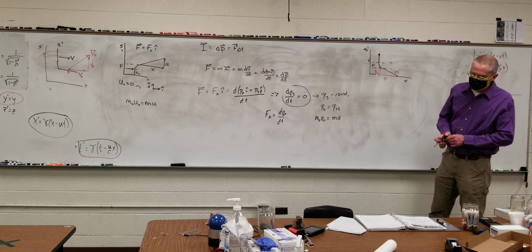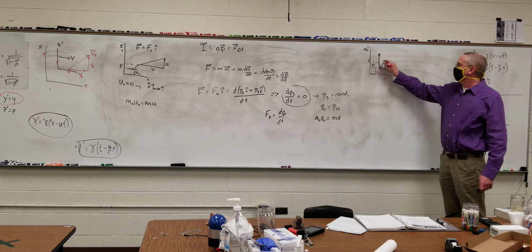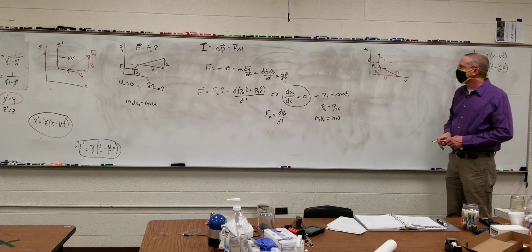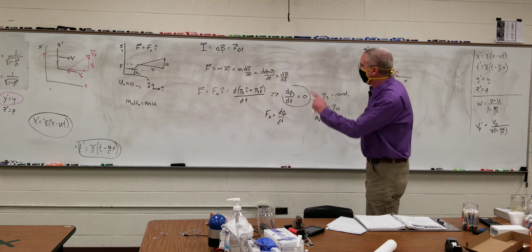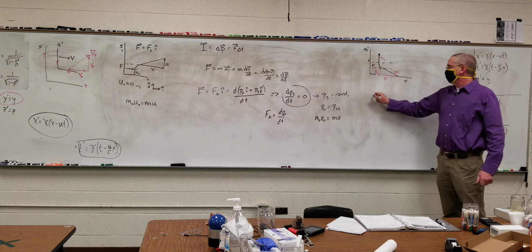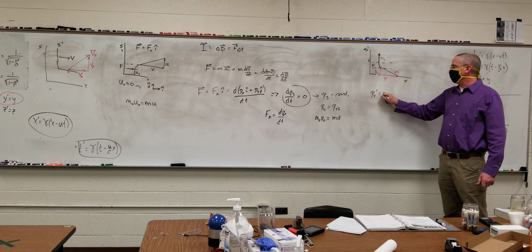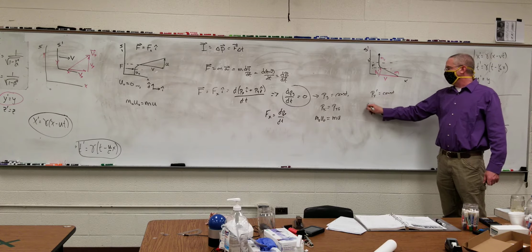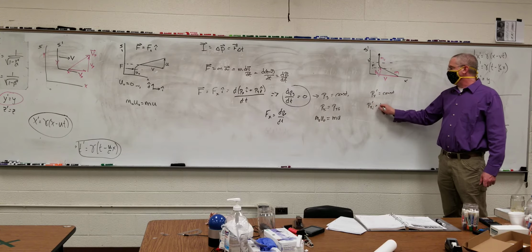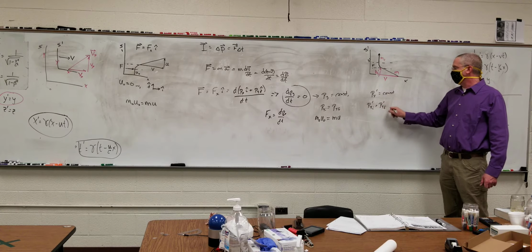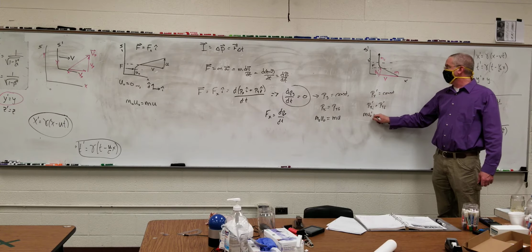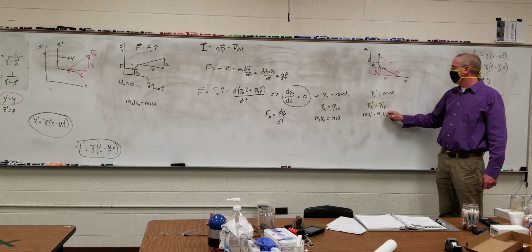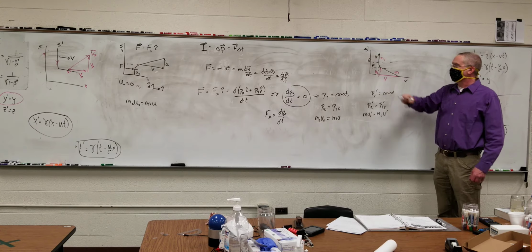Mass m, and mass m sub naught. The exact same logic as before, py prime is constant. In other words, py prime initial equals py prime final, or m u naught prime is equal to m sub naught u prime.